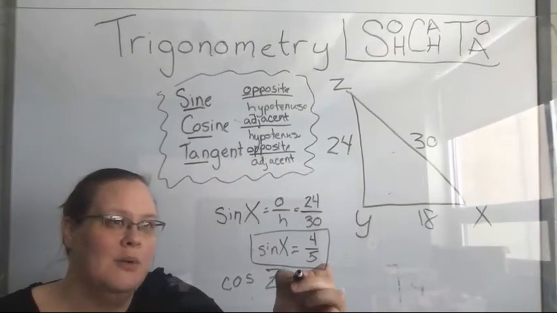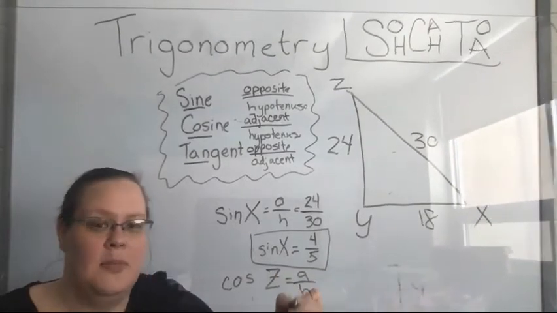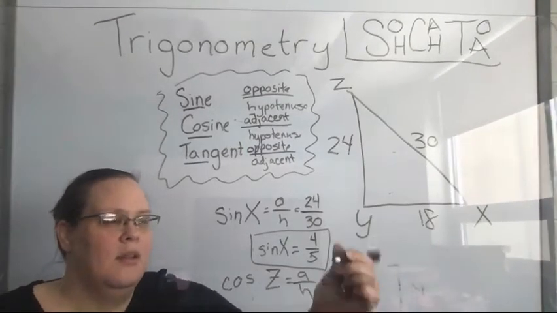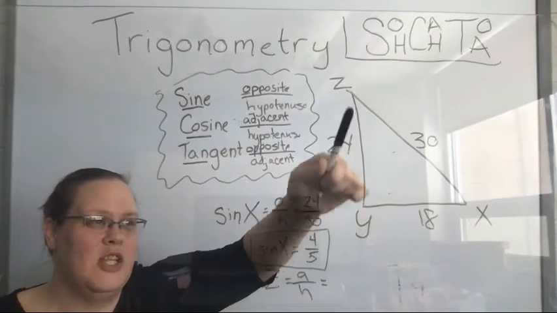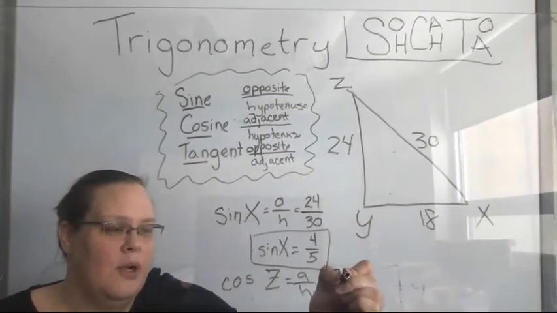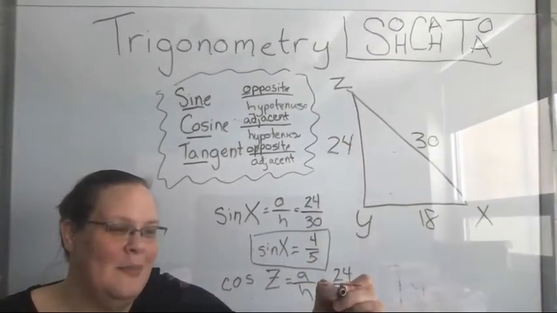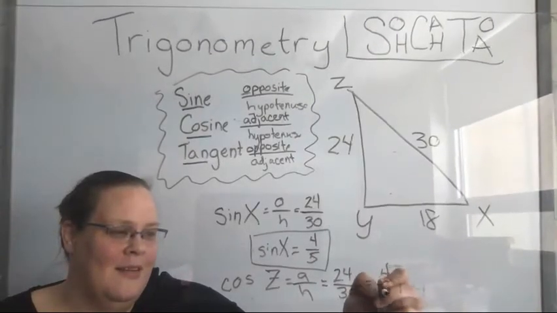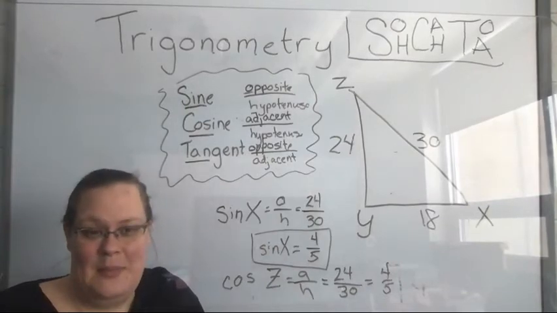Well, I know that cosine is adjacent over hypotenuse. So I'm going to start with my angle z. My adjacent side, the one right next to it, is 24, and my hypotenuse is 30. Look what happened. It's actually the same ratio. We're looking at a different angle, but came up with the same ratio.